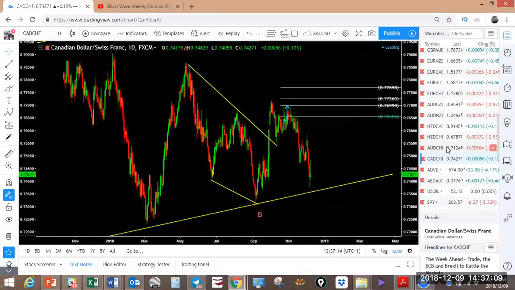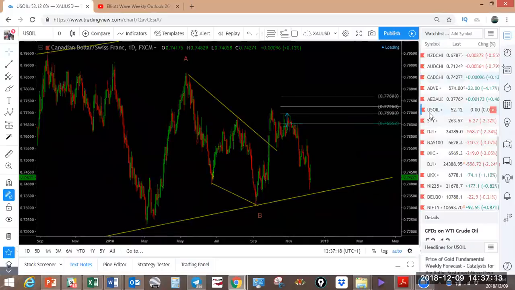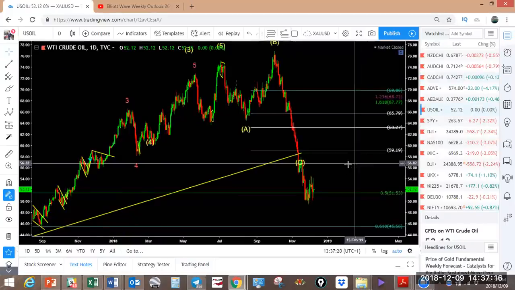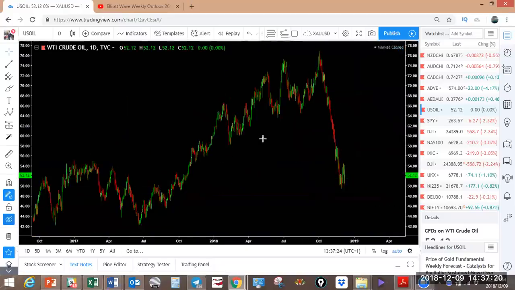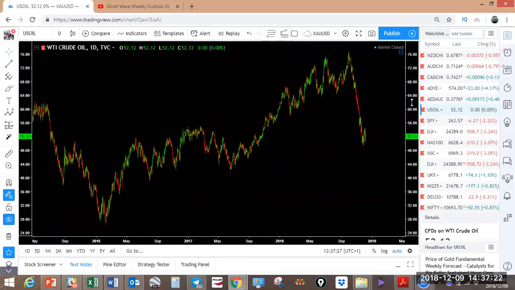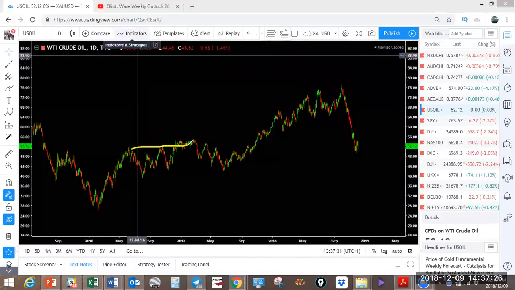Then we can look at oil. Oil, the structure has changed. We are not looking at this as a pulse anymore. We're looking at the whole thing as a corrective structure. One, move there, move there.